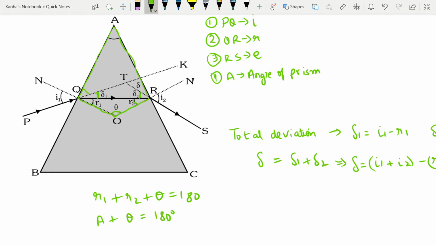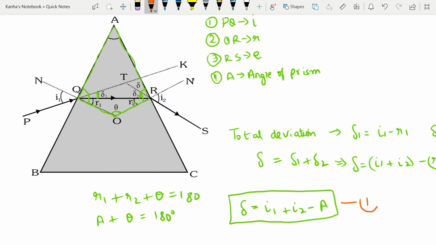Because this angle is 90 and this angle is 90, because these are normals to the planes right there. That is why A plus theta is equal to 180 degrees, and using these two I can easily write that my total angle of deviation delta is equal to I1 plus I2 minus A. So this is the first equation that you should definitely remember when it comes to prisms.